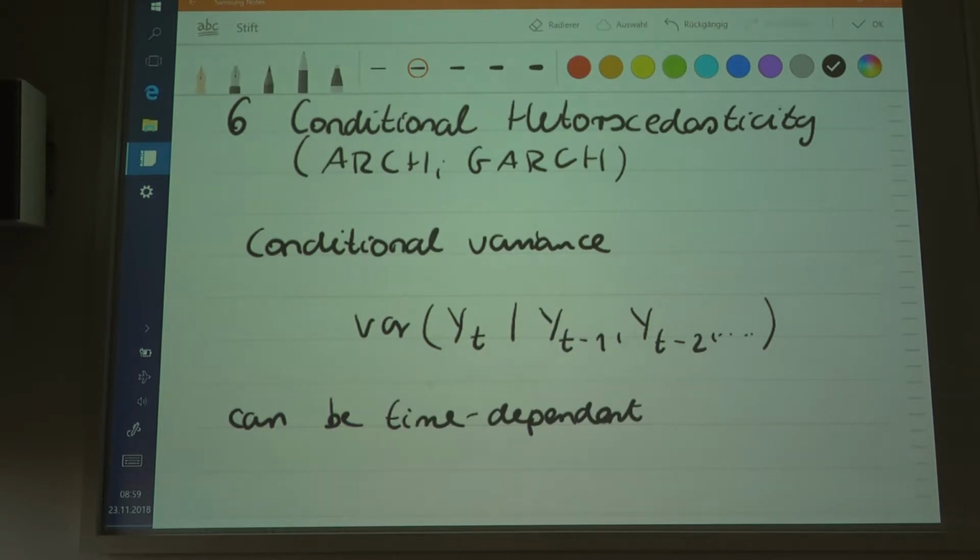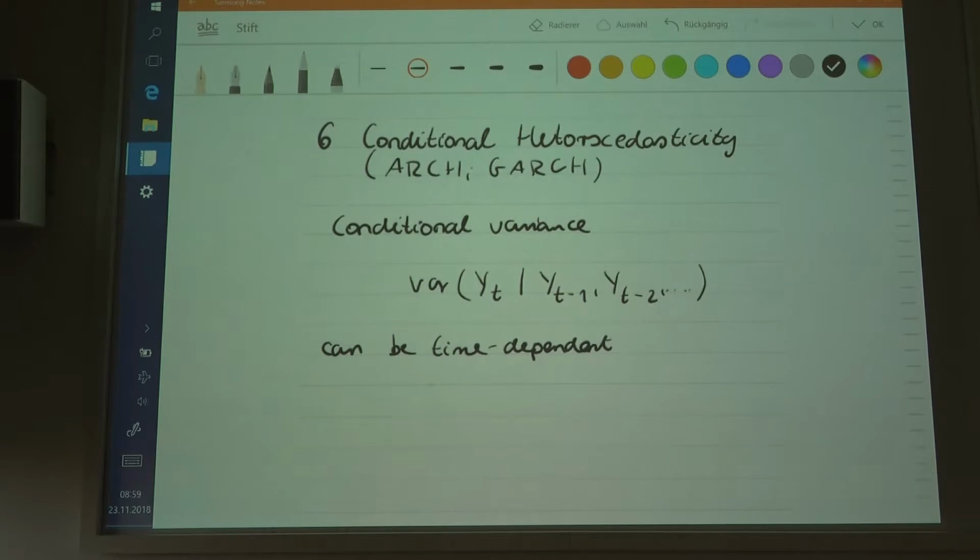Now there is still a possibility for such a process to be stationary, as you will see. This is not a contradiction; it is possible. Note that the process can still be stationary, because it might be that the unconditional variance does not depend on time.